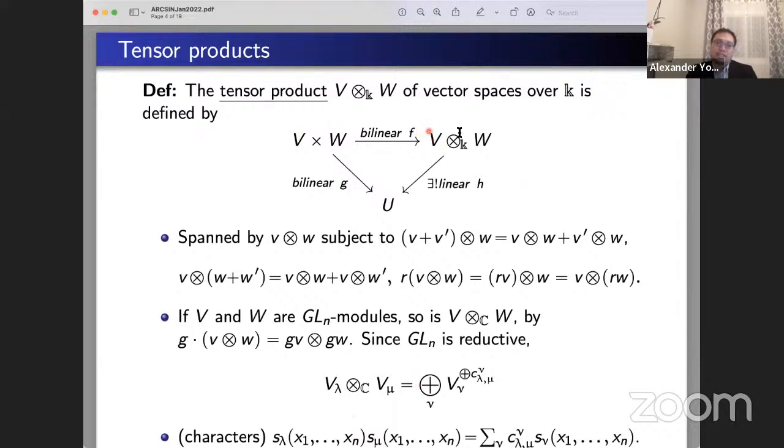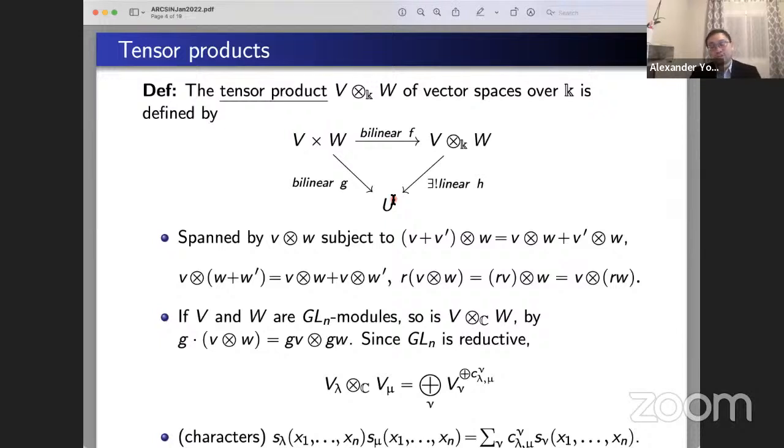What the tensor product says is that I want to posit the existence of some other vector space with the property that if I have a bilinear map from my Cartesian product to my tensor product and a bilinear map to some other vector space, there exists a canonical linear map from the tensor product to my other vector space. So this is the universal description of tensor product.